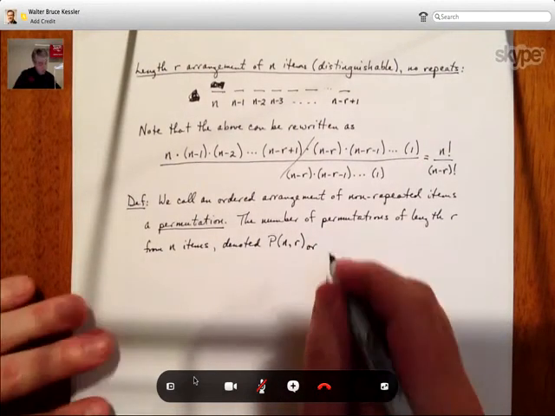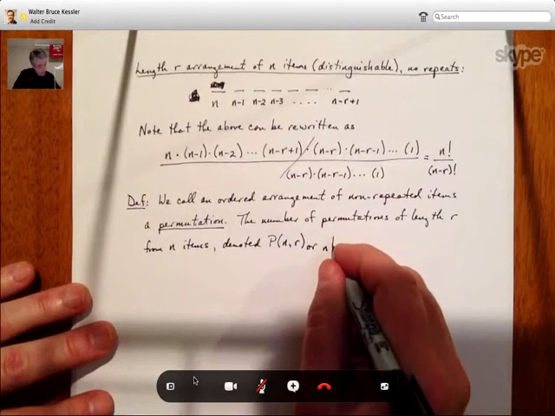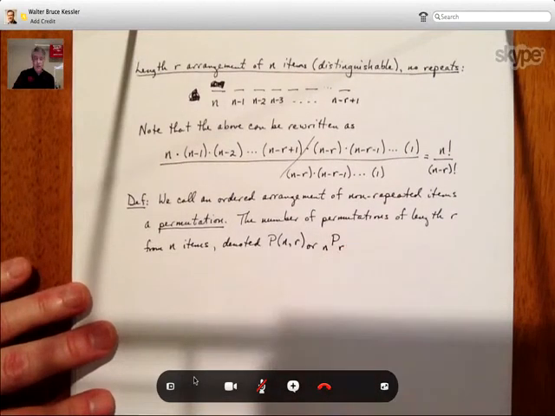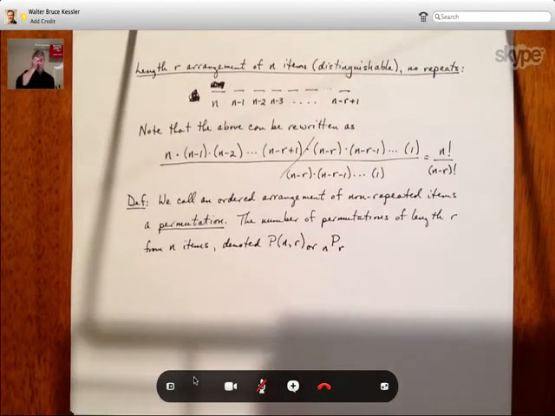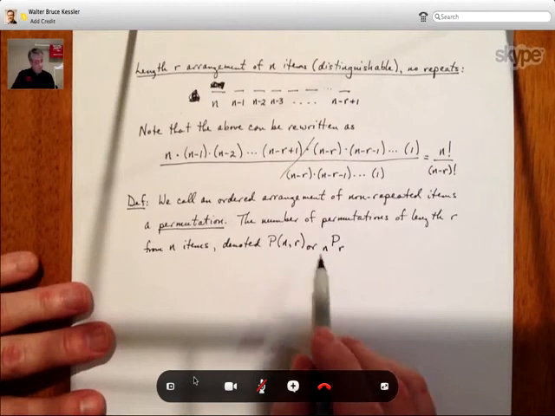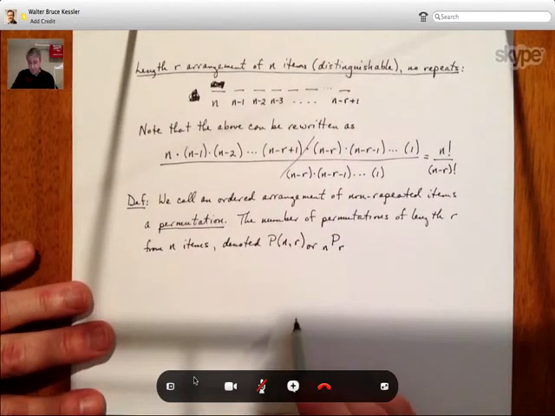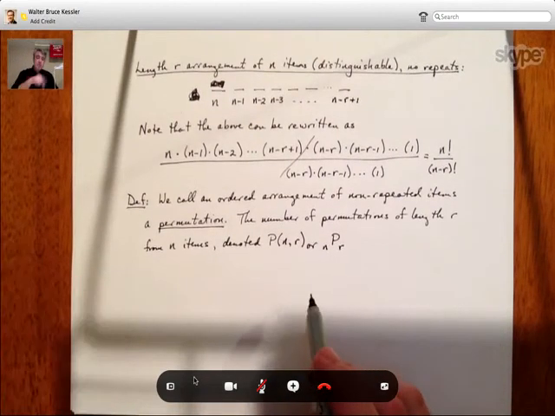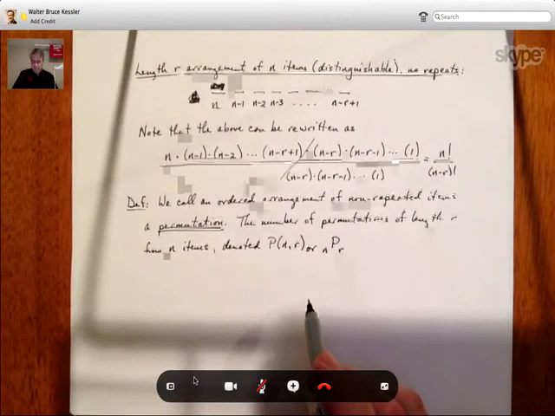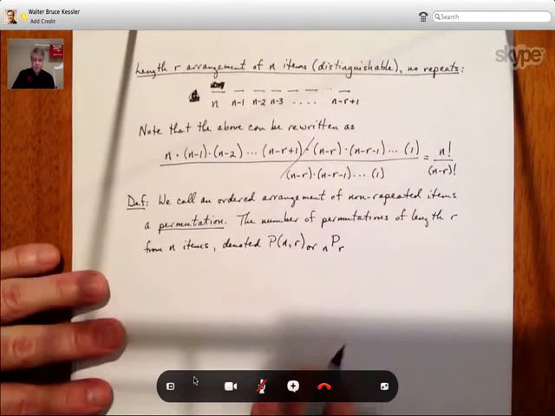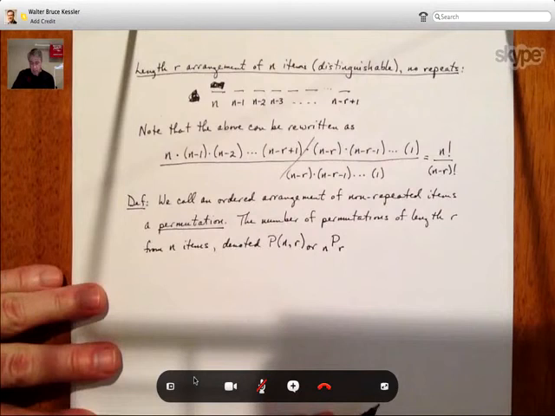Your book doesn't use this notation, but I've seen this notation quite commonly, is nPr, where the n is a subscript in front of the P, and then the r is a subscript after the P, which would be read n pick r. Pick because we're putting them into an arrangement and they're distinguishable items.